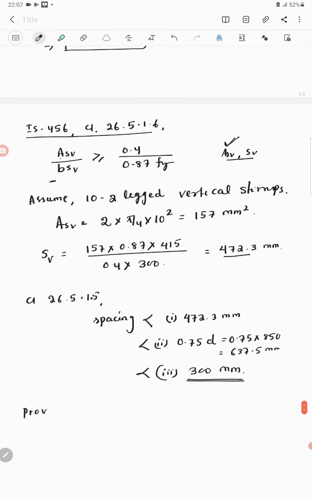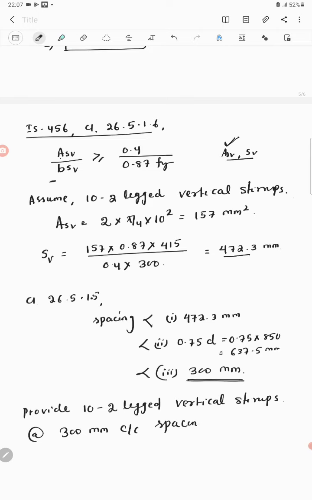So provide 10 mm dia 2-legged vertical stirrups at 300 mm center to center spacing as nominal shear reinforcement, that is for a length of 4.14 meter.